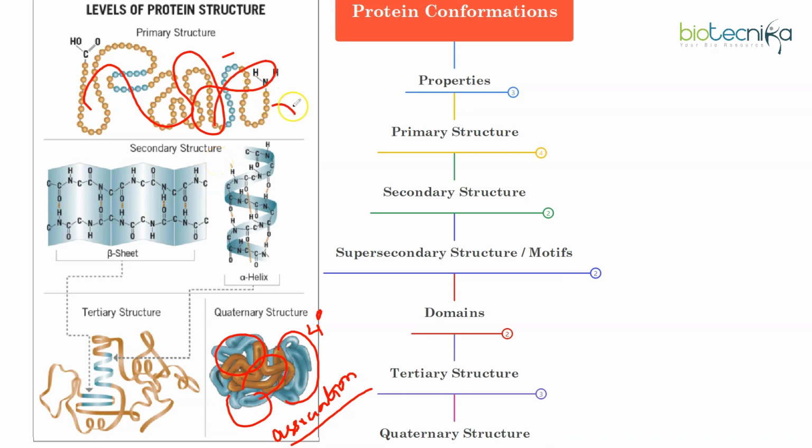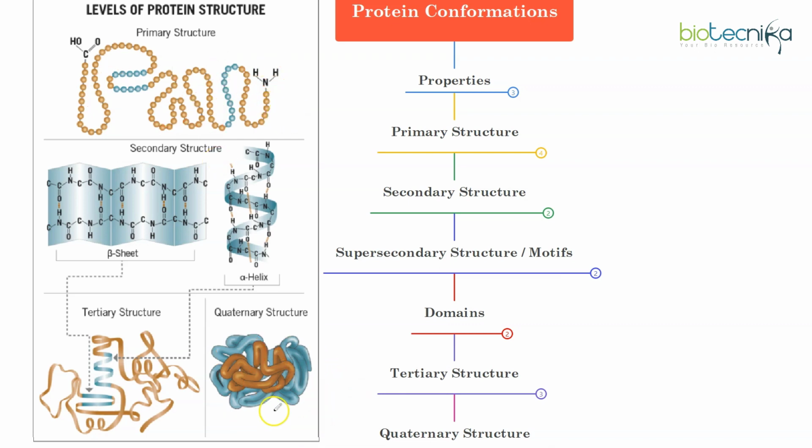It is an association between already folded subunits. The entire functional assembly is called a unit, and the individual folded polypeptide chains are called subunits. Several subunits assemble together to form the quaternary level of structure. However, not all proteins have quaternary structure. Some are functional up to tertiary itself.